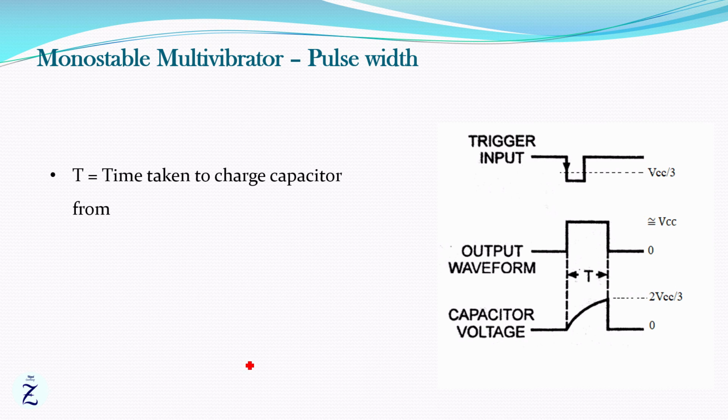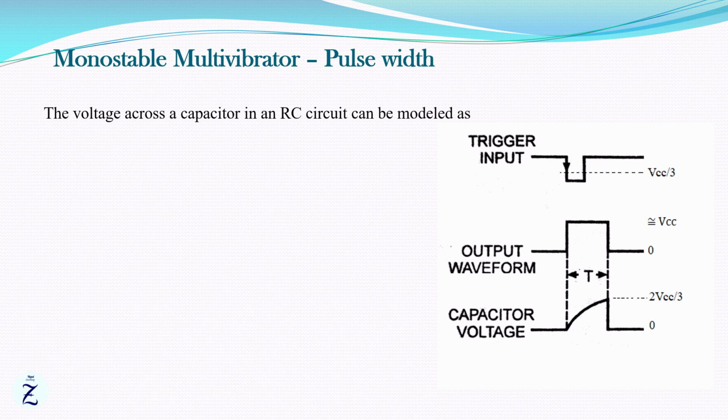As we saw earlier, the voltage across the capacitor in an RC circuit can be modeled as Vc of t is equal to V final minus (V final minus V initial) into e raised to minus t by tau.